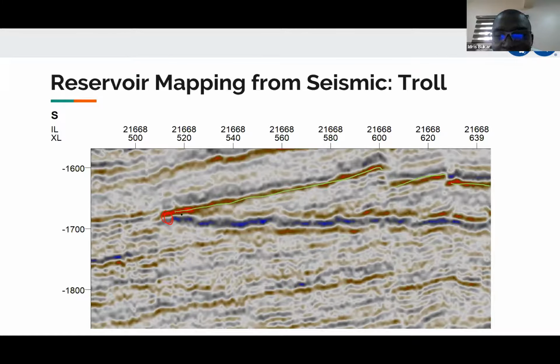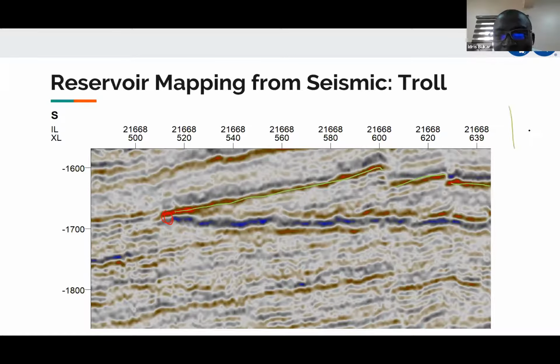So you probably jump 10 inlines or 10 cross lines, and you're interpreting every line. So it's a sort of 2D interpretation. You interpret it on this line, you step to the next 10 lines or 5 lines or 20 lines, and then you interpret it again and you keep going, and then you do the same thing from the cross-line perspective.